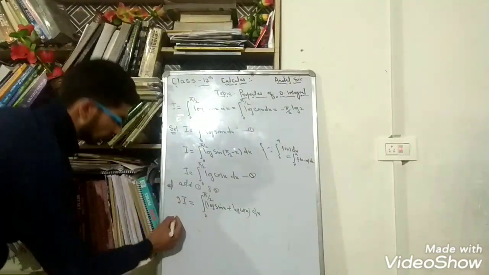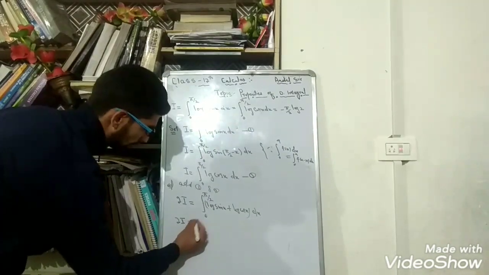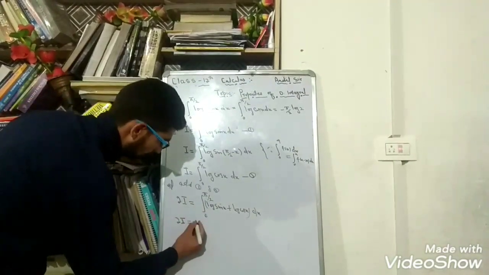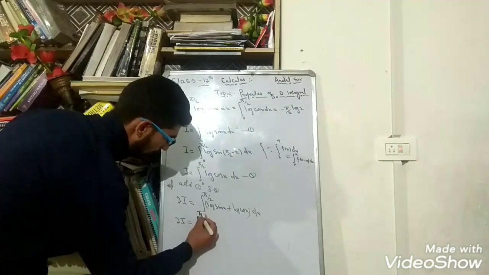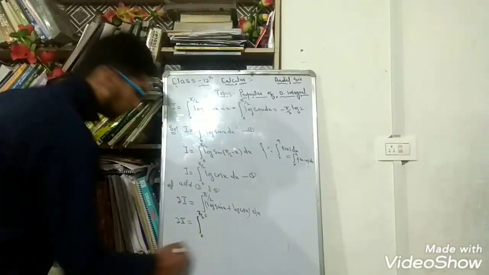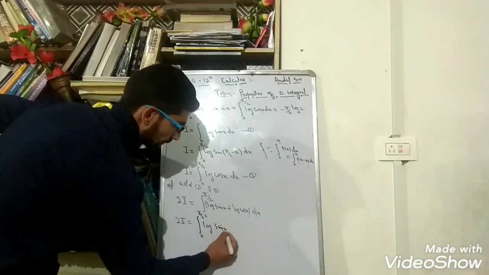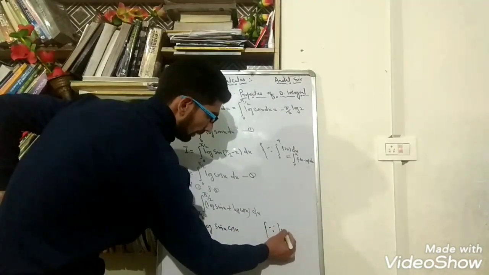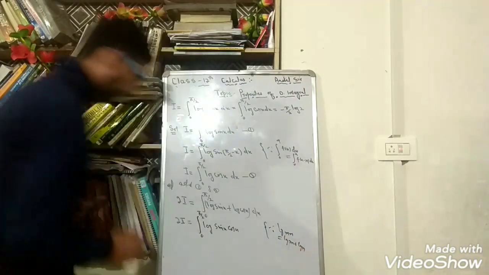So after that you write 2I equals the integral from 0 to pi divided by 2. This is log of m plus log of n, that is log of m n. So it will be log of sin x cos x, because log of m n is equal to log of m plus log of n, this is our property here.